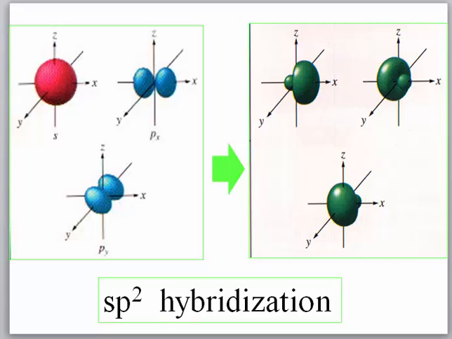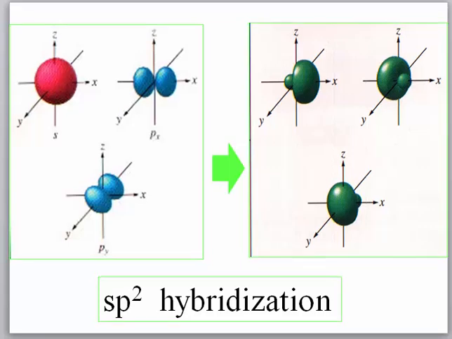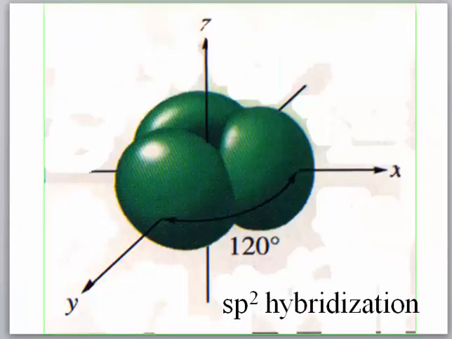So take the S and the 2 P's and blend them together, giving you 3 equal bonding sites, which would be 120 degrees away from each other, which is your sp2 hybridization and your trigonal planar geometry. Always, sp2, 120, trigonal planar all go together.